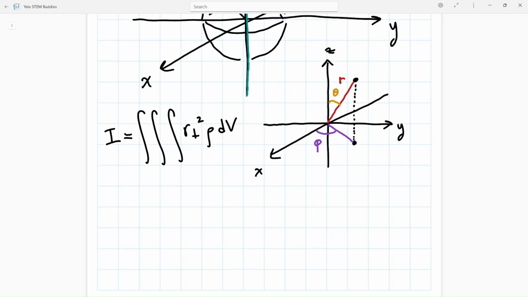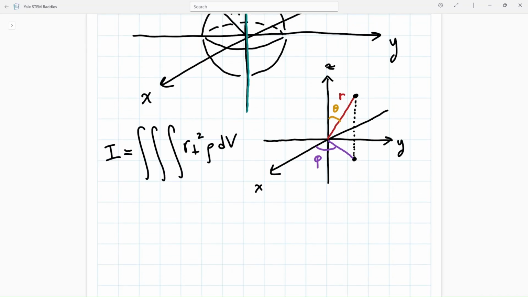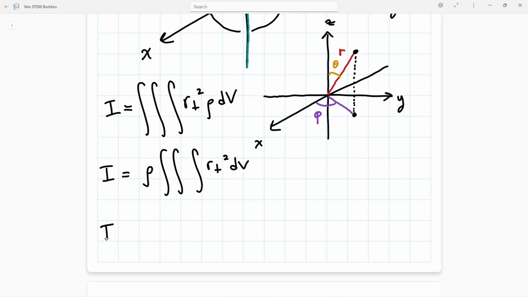But as we said, our sphere is uniform, so the density throughout the sphere's volume is constant. If rho, density, is constant, we can bring density outside of our integral.